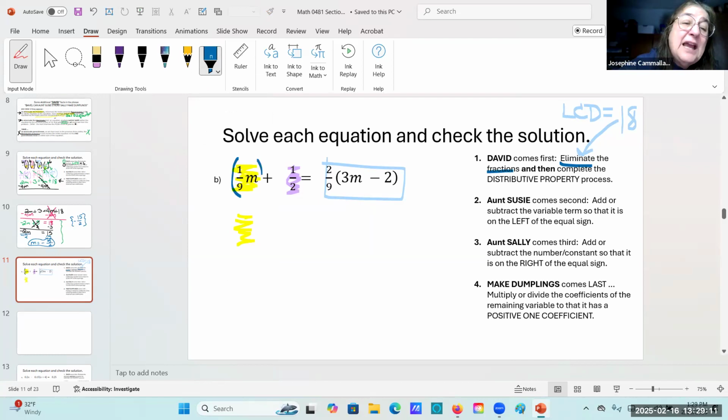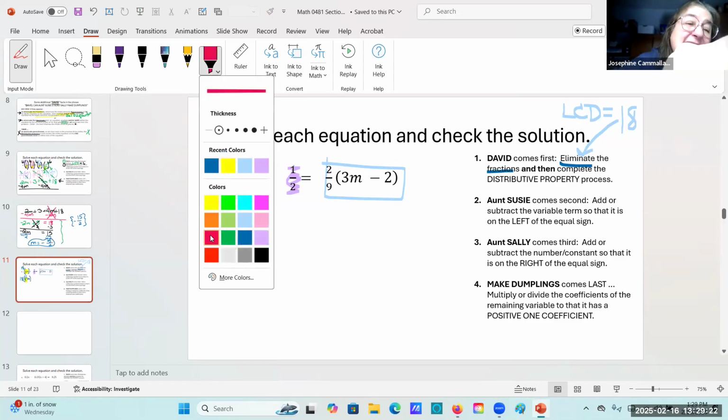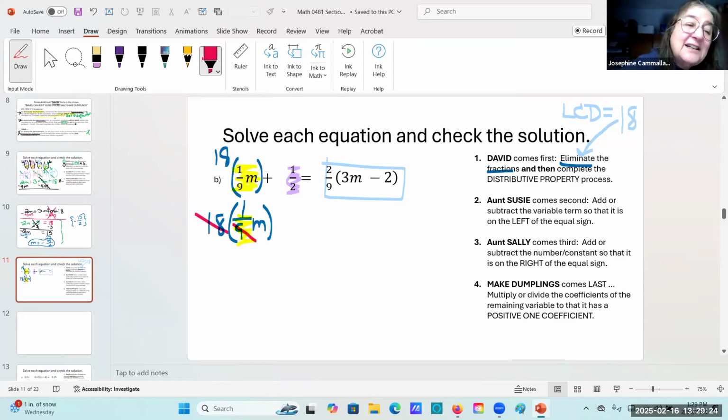I am multiplying this by 18, which is 18 times 1/9 m, and I'm cross canceling. This gives me 2m. Now, this plus is right here.